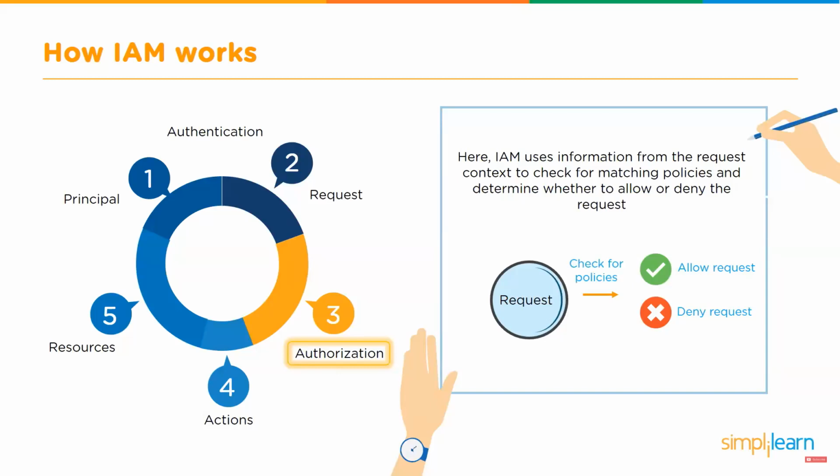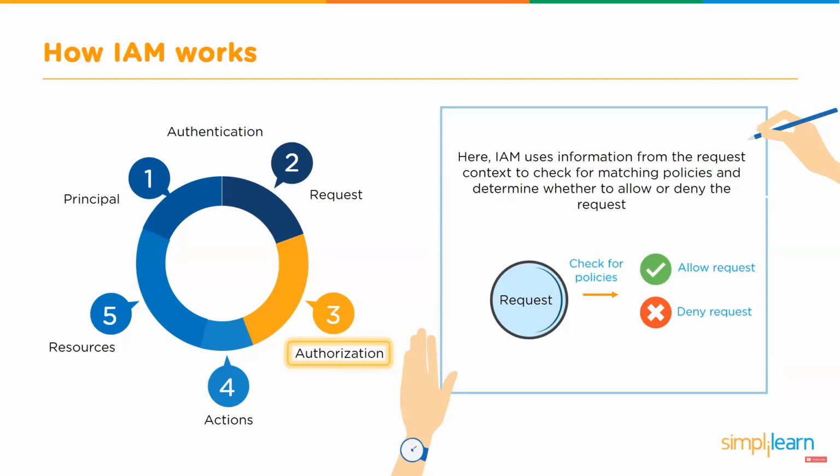So there is an evaluation logic that says by default all requests are denied, and if there is an explicit allow, then it overrides the default deny. And if you are explicitly denying a service, then all the allow statements get overridden, and this explicit deny stands.